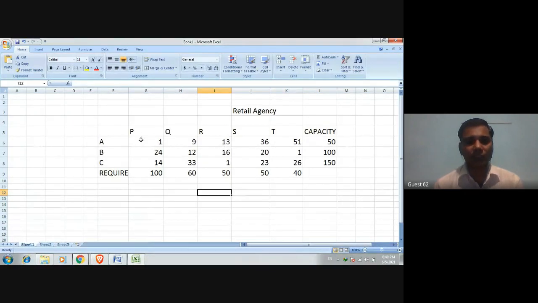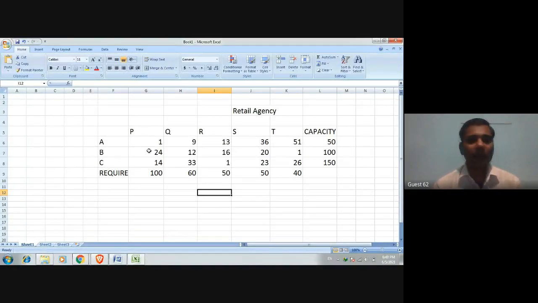These are the five destinations P, Q, R, S, T, and A, B, C are the sources, and the requirement of all the destinations is given here. P, Q, R, S, and T are retail agencies, and A, B, C are warehouses from where the product has to be sent to these retail agencies.